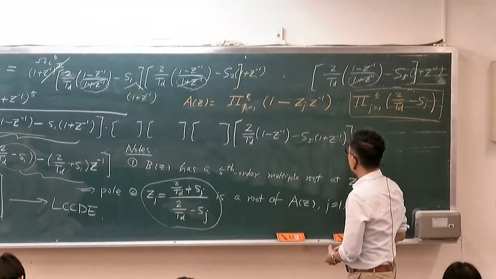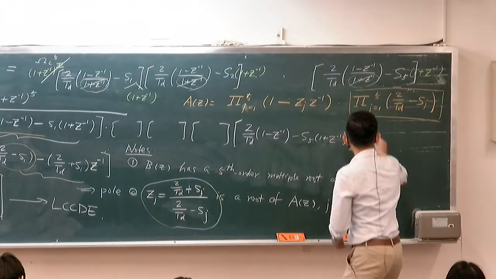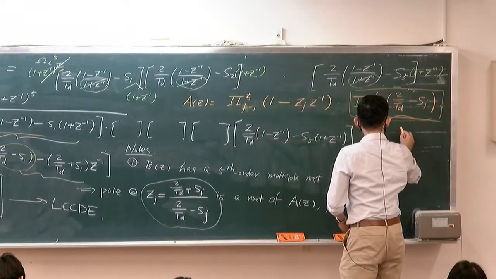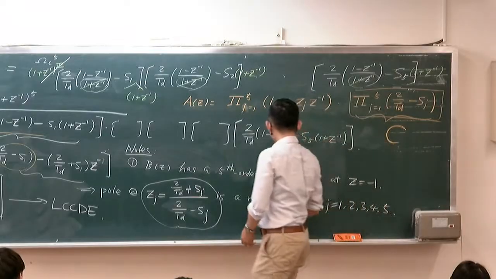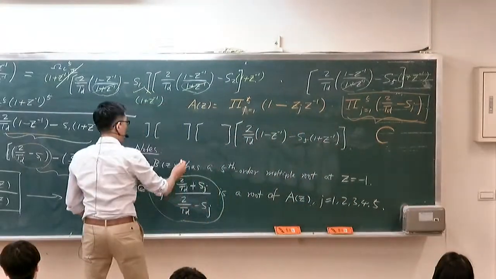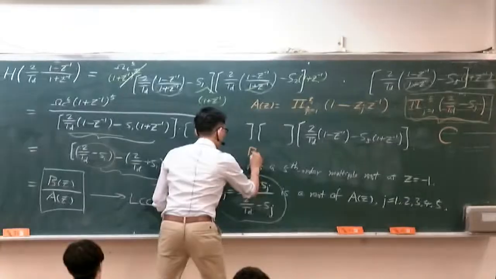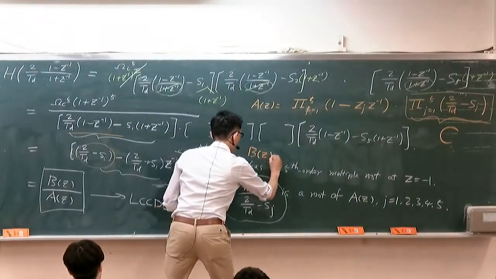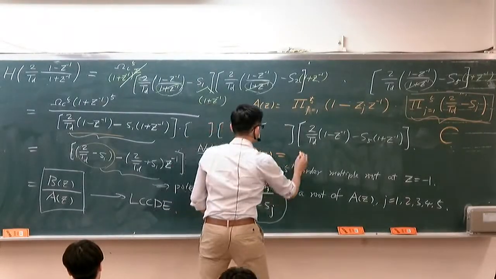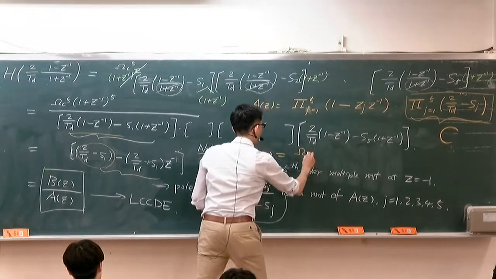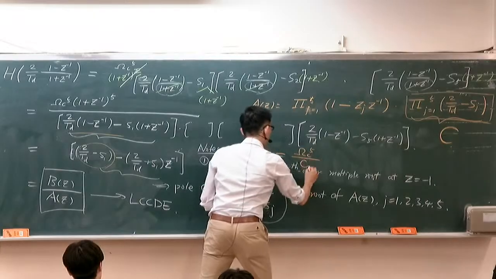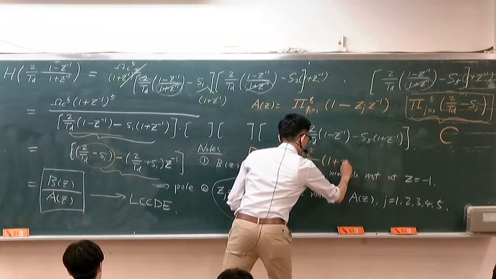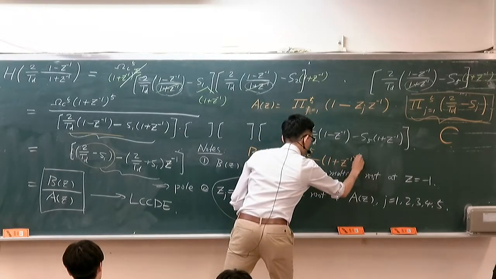If we call this big constant big C, then in the end B of z is omega_c to the fifth power divided by big C, times (1 plus z inverse) to the fifth power.